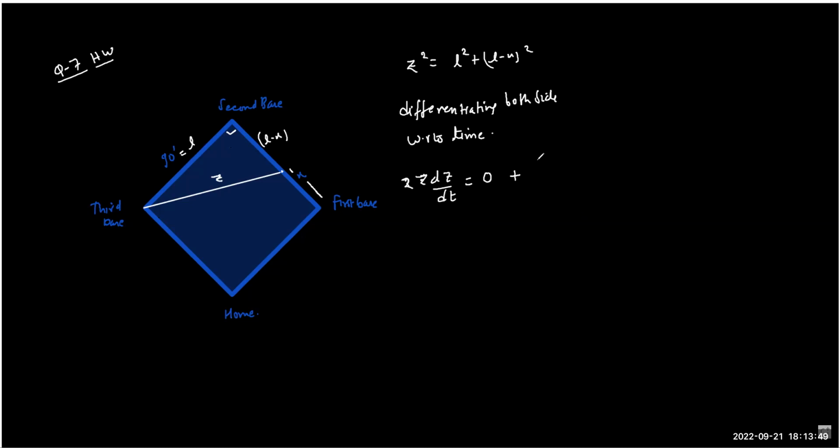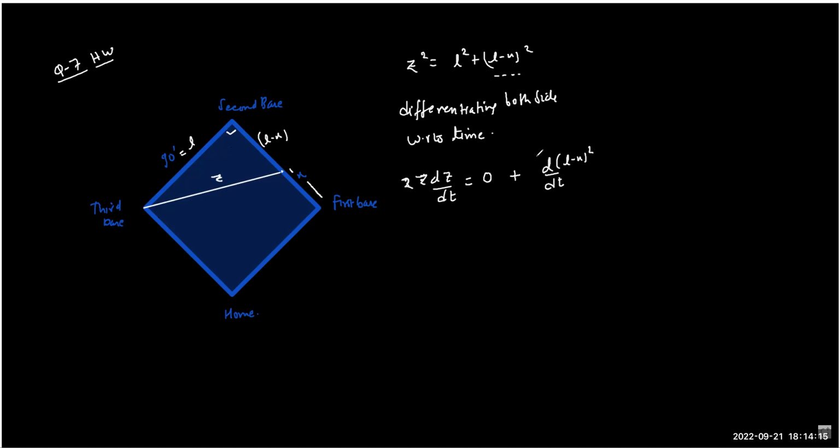So what is the differentiation of the third part? 2 into L minus X. That's it. We have to go further. If you're writing like this, you will add d by dt of (L minus x) whole square.